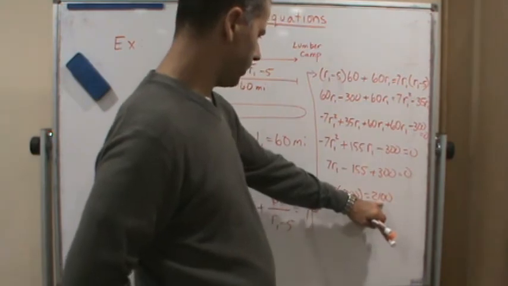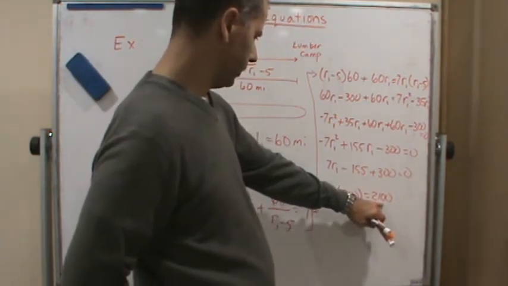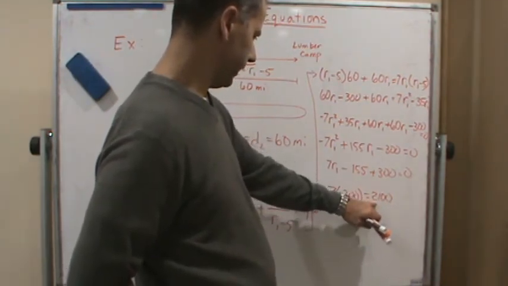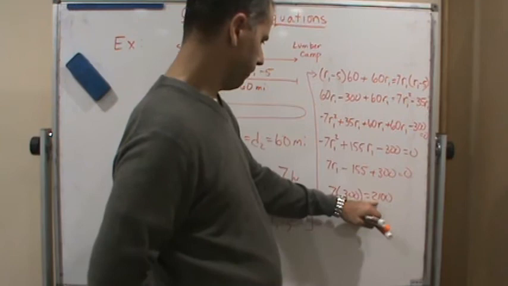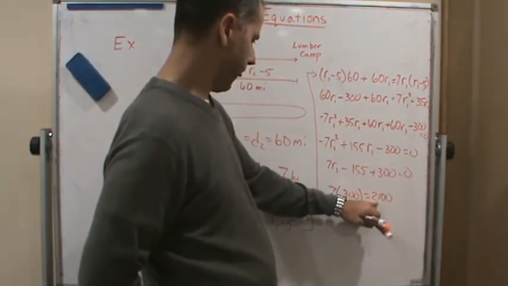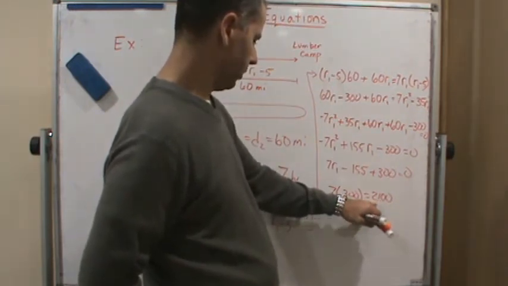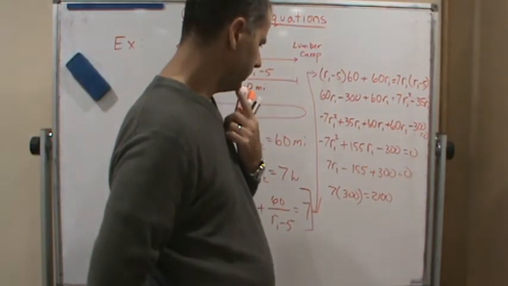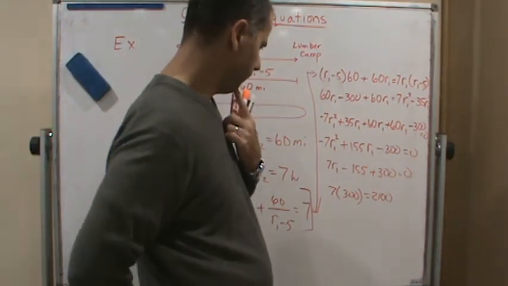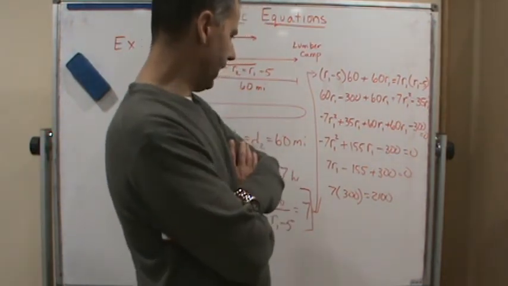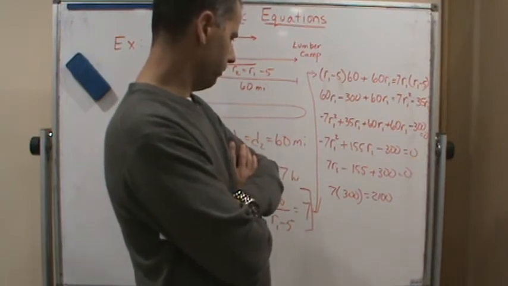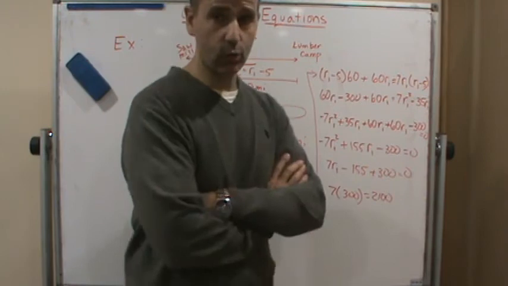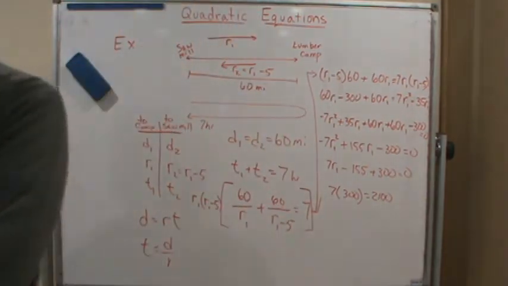So 21 and 100 won't work. 42 and 50. Oh, hold on a second. 21 and 100. What do we need? So that add to 155. Okay, so this is where you just want to multiply.